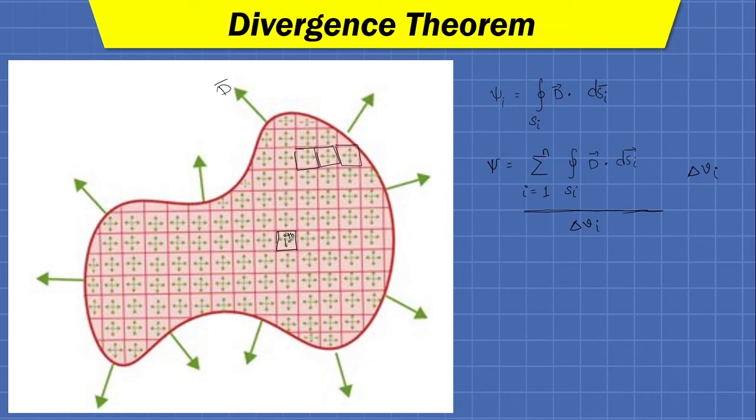But the cells are adjacent to each other, as you can see in the figure. Every cell is adjacent to others, and the outward flux of one cell is inward to its neighboring cell. So you can see that whatever flux is leaving from the ith cell will be the entering flux of the i plus 1th cell or the i minus 1 cell.